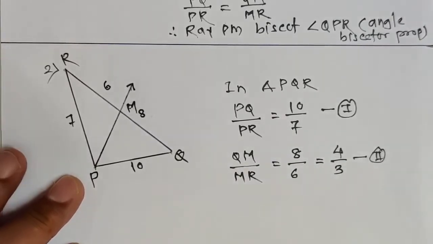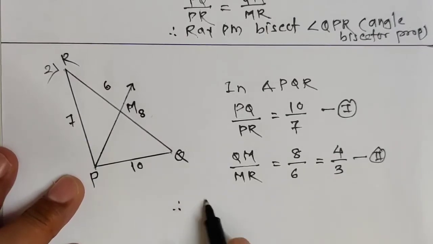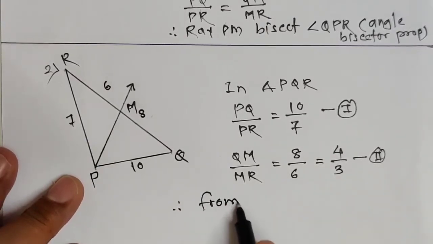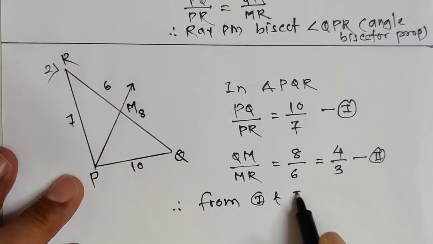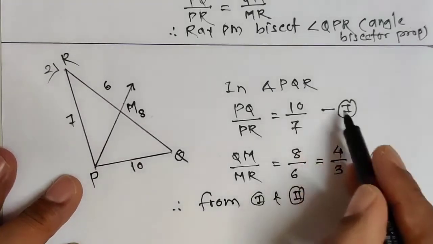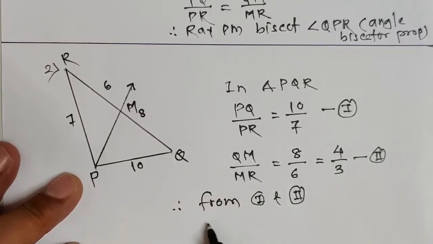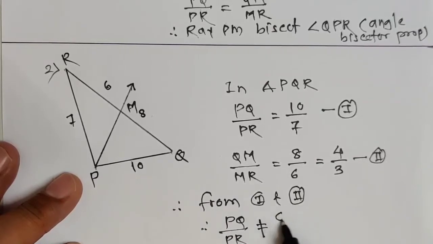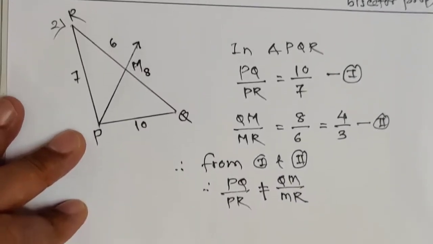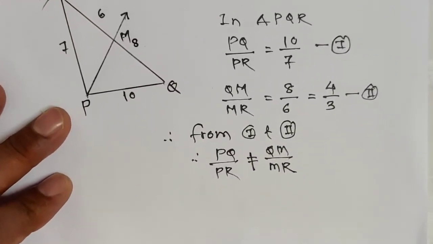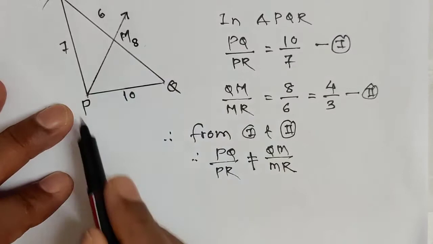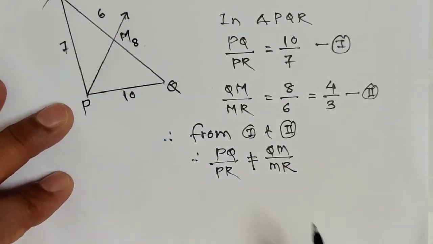So both the ratios are not equal. Therefore, from 1 and 2, what is our conclusion? Both the ratios are equal or not? These are not equal. So we can write PQ by PR is not equal to QM upon MR. And remember, only if these ratios are equal, then PM bisects angle QPR.